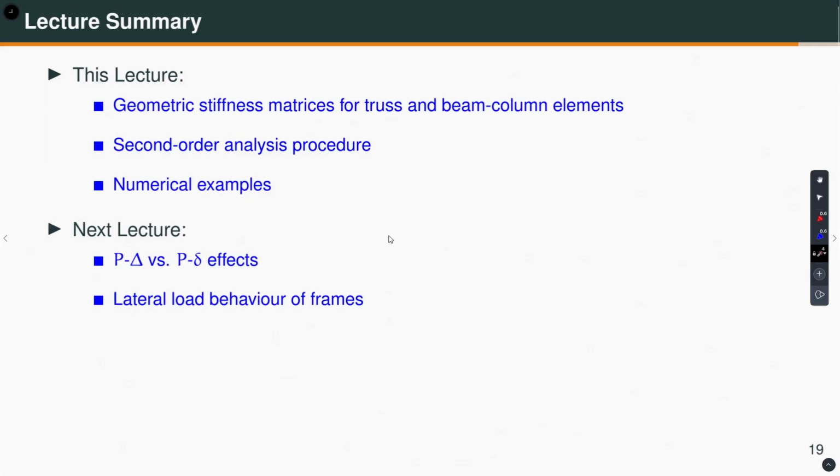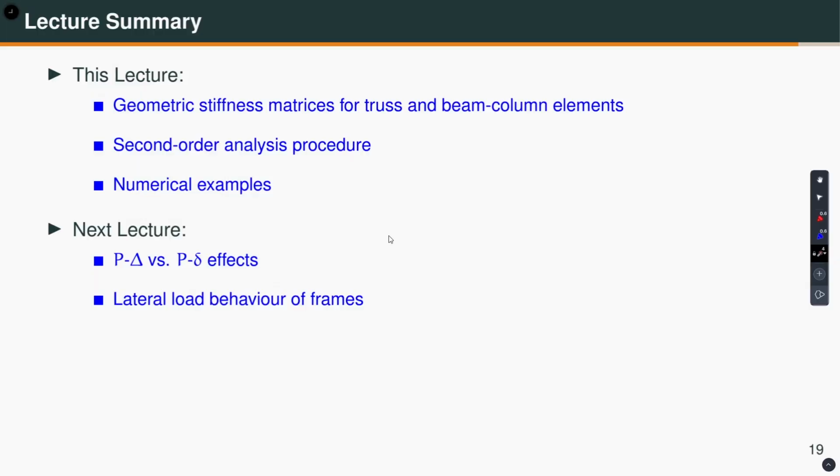With that, let me summarize what we have done in this lecture. We have talked about the geometric stiffness matrix for truss and beam column elements. We have done a physically meaningful derivation for the truss element and given you the geometric stiffness matrix for the beam column element, without going through the entire derivation.